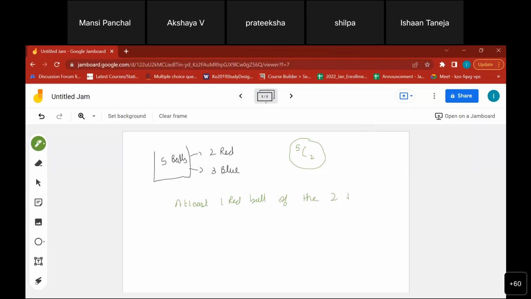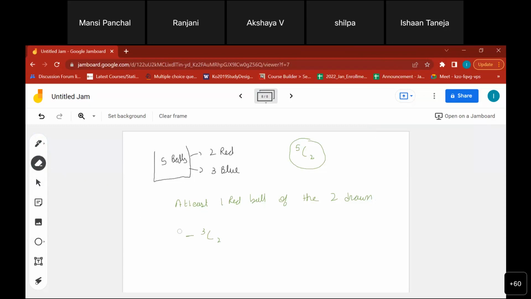You can also choose in such a way that you choose no red ball and subtract that from the total.